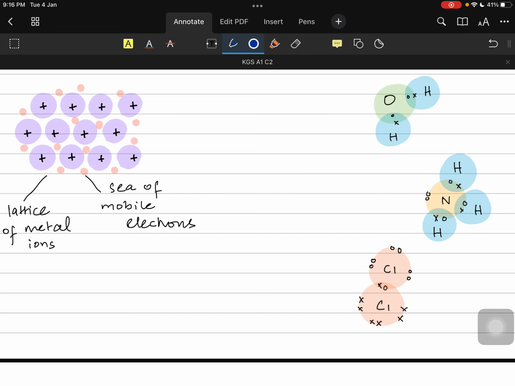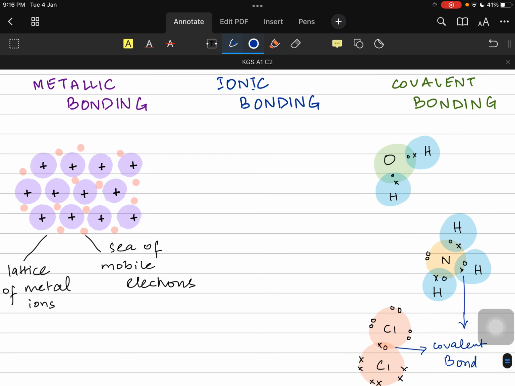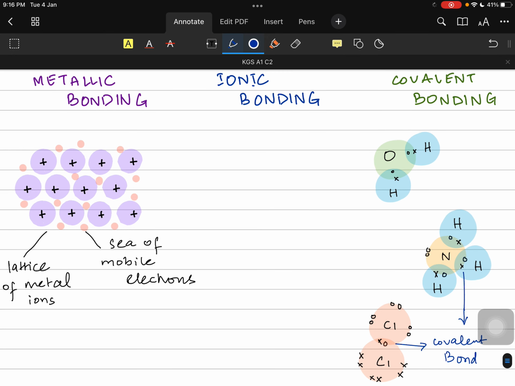This region over here is a covalent bond. It's made by the sharing of electrons. There is no mobile sea of electrons, but we have a sharing of electrons when there is covalent bonding.